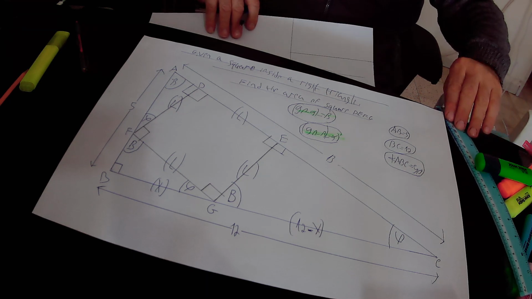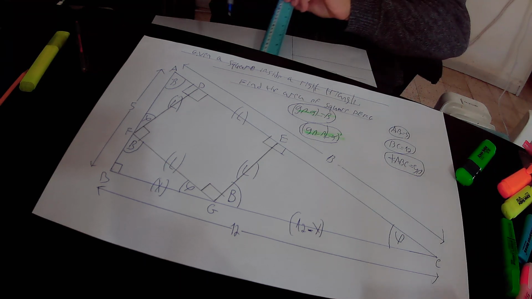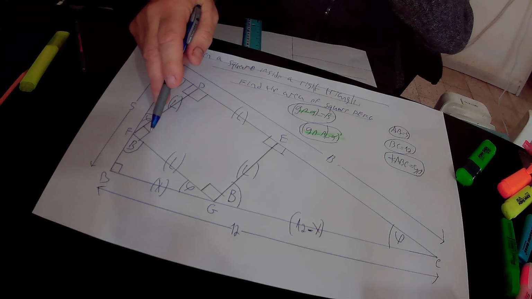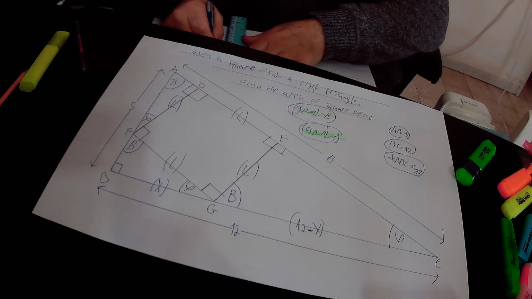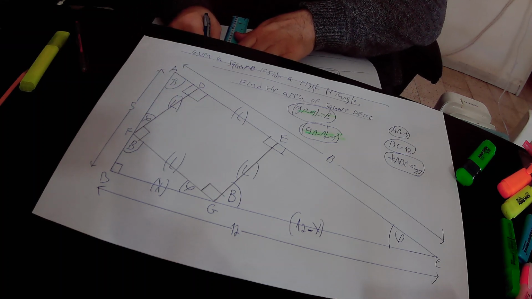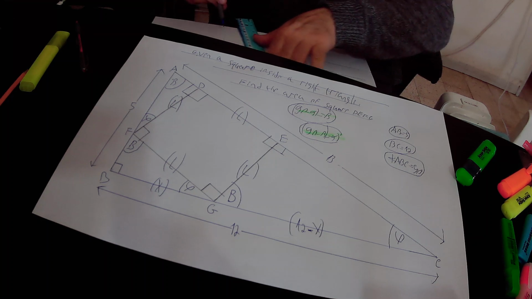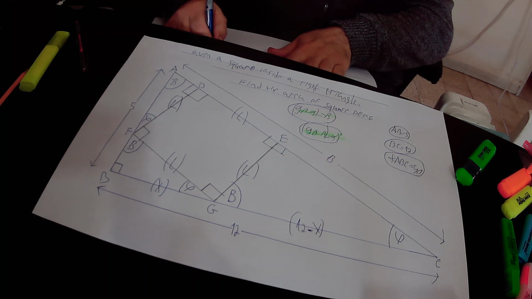And from the fact that the right triangle ABC is similar to the small right triangle FBG, we derive that the following relationship exists between their sides.